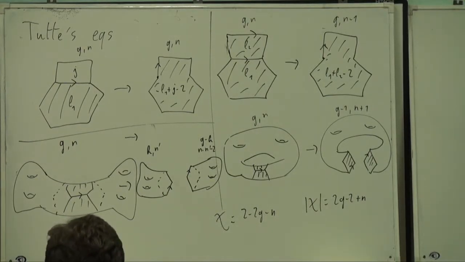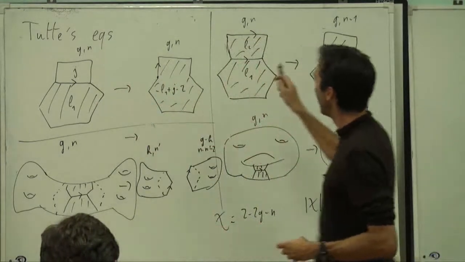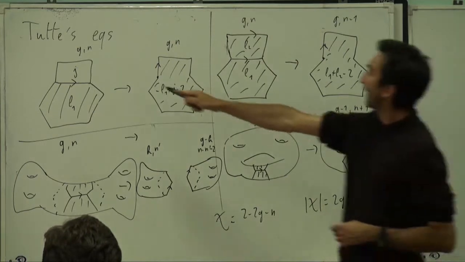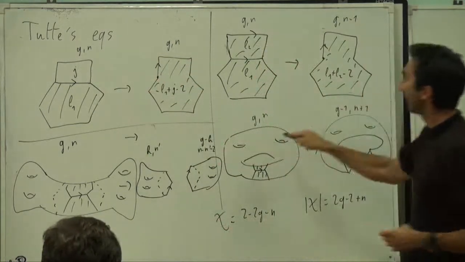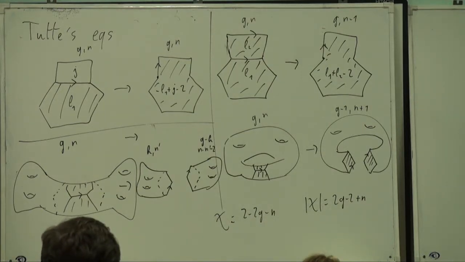So in absolute value, you can check that after removing the edge, the Euler characteristic in absolute value decreases, or at least does not increase. Well, here it stays the same, but in all the other cases it decreases. That's why this procedure leads to a recursion which ends after a finite number of steps. And it's called a topological recursion because it makes the absolute value of the Euler characteristic decrease.